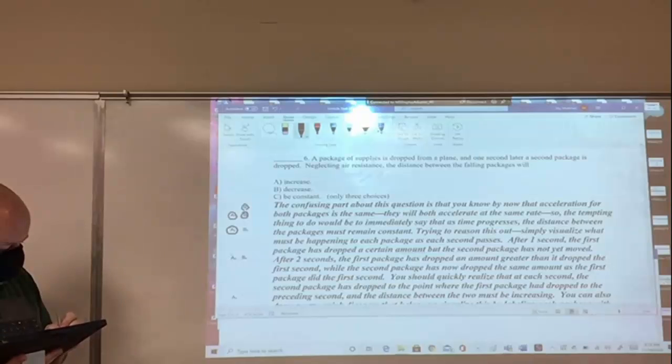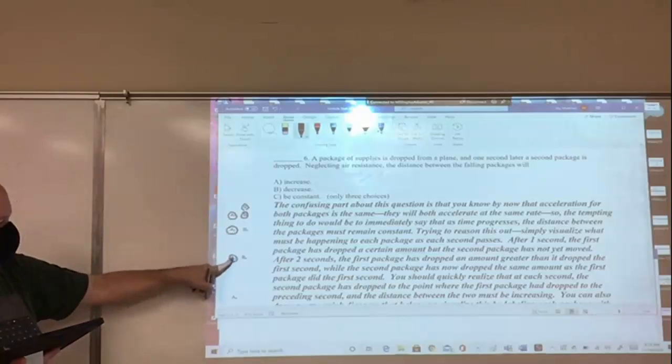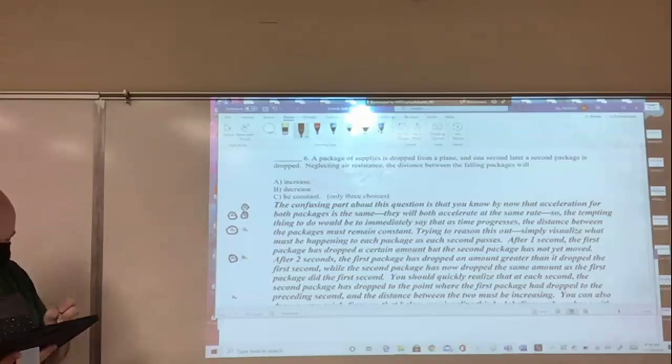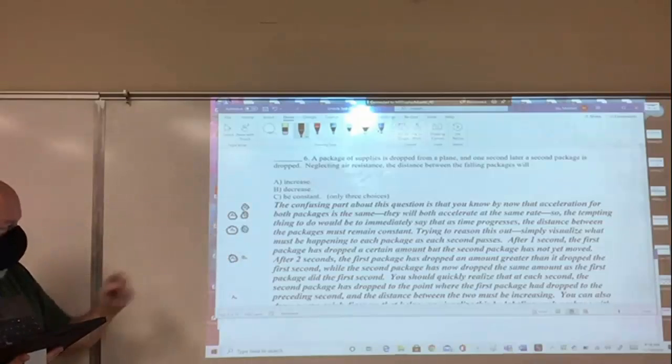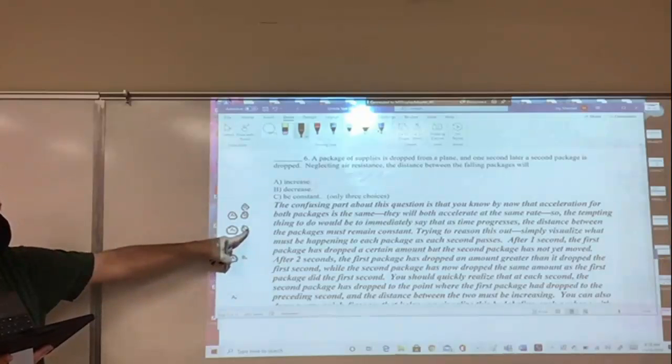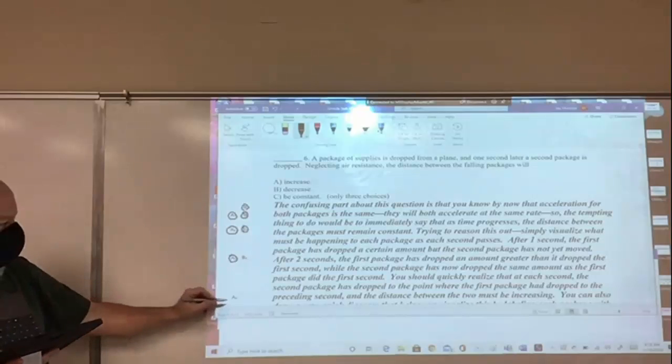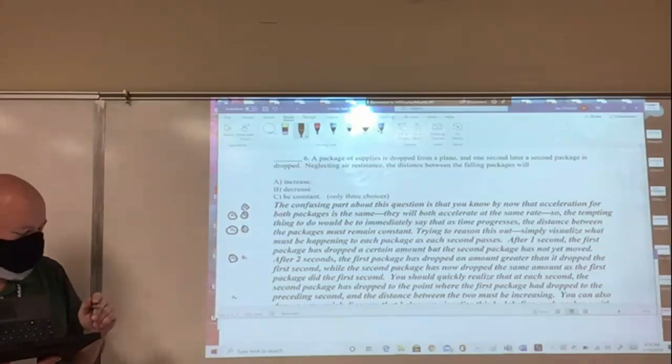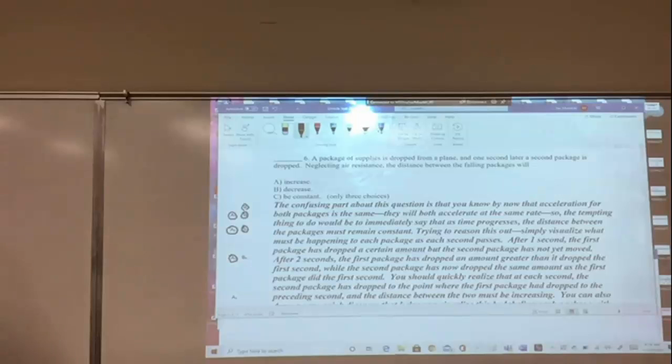Another second passes. A is going to fall still farther, and by the next second, B is going to be where A was at two seconds. So what's happening to the distance between the packages after each second? It's increasing.